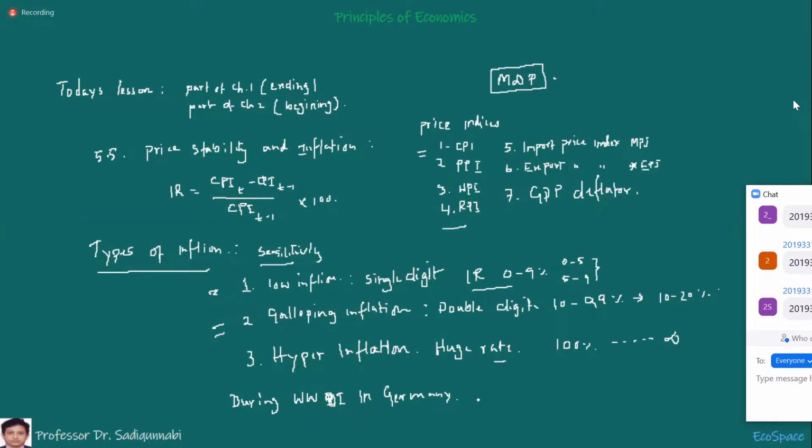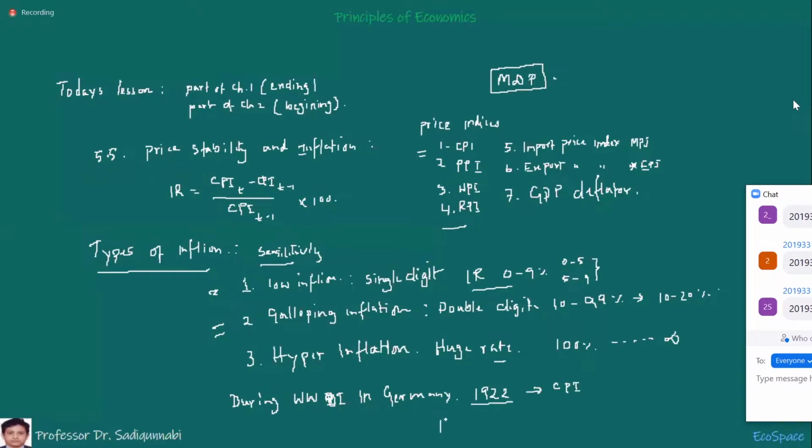If you are in 1922, that means 100 years back from today, if you measure CPI, let me give you an example of real estate.